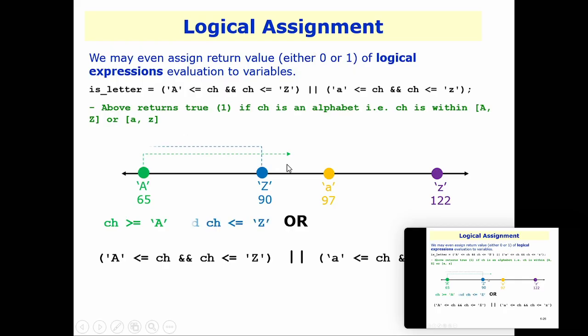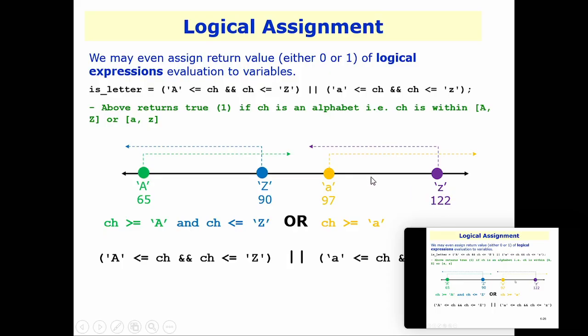And then the next range is here: CH is less than or equal to uppercase Z. We have another range for the lowercase, right? So we have CH is larger than or equal to lowercase a, and CH is less than or equal to lowercase z.